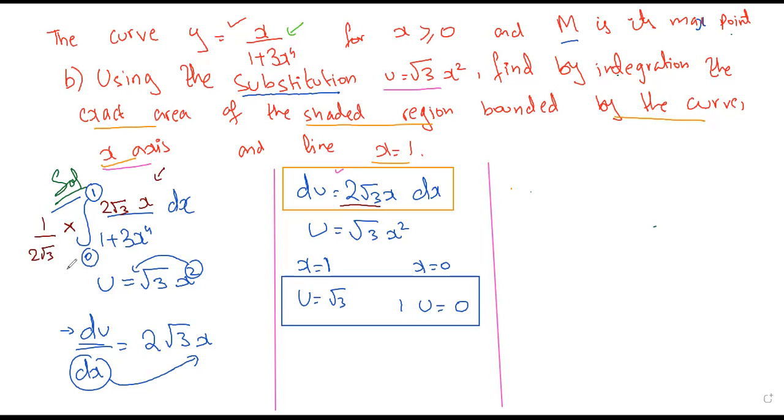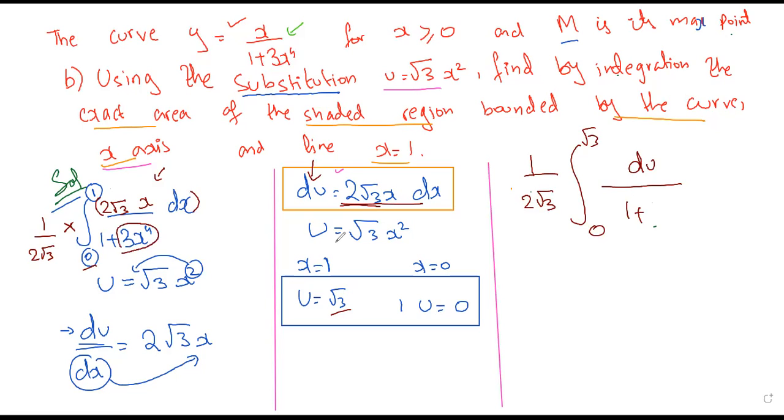Now I have 1 by 2 root 3 outside the integral. The upper limit has become root 3, and the lower limit has become 0. 2 root 3 x dx is basically equal to du, divided by 1 plus, and I need to change this with u.